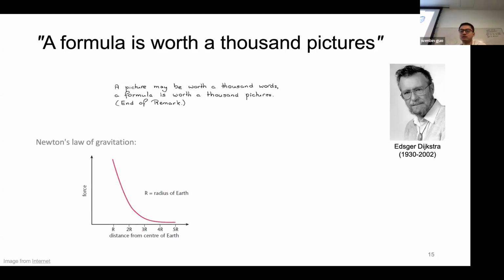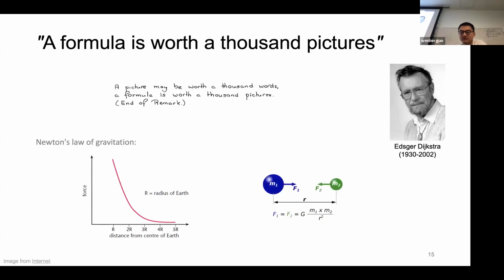So basically, if I don't give you any details about the formula, you see this picture and you will see that the force decreases as the distance increases. But it's not clear whether the rate of decrease is of the order of a quadratic term or of an exponential term.